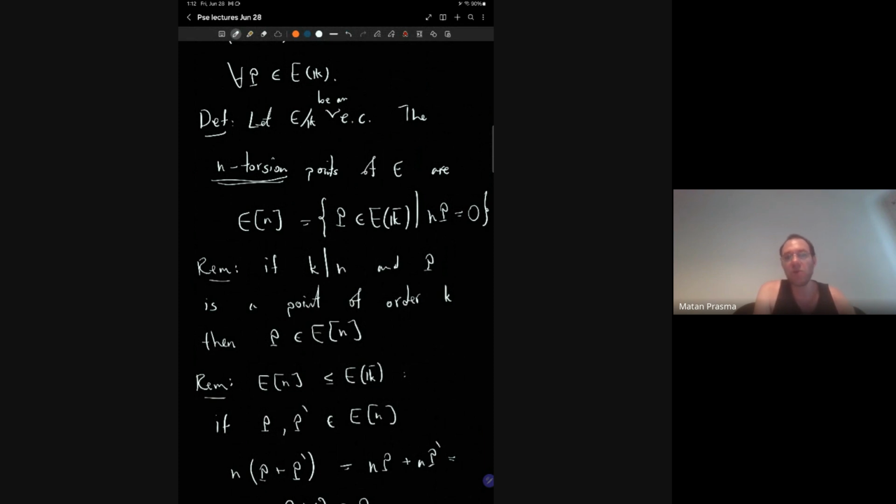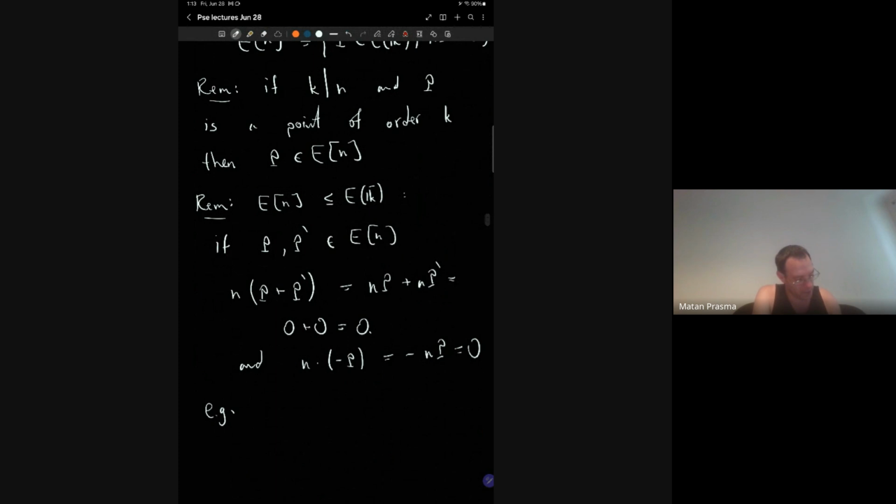We saw that points of order 2, which again is the same as 2 torsion points in the case of 2, have a uniform shape when I work over the algebraic closure.